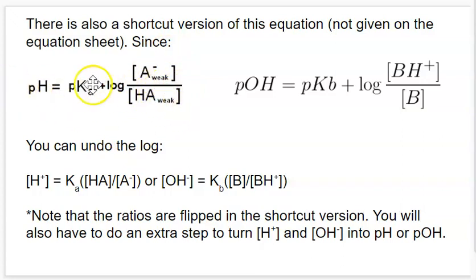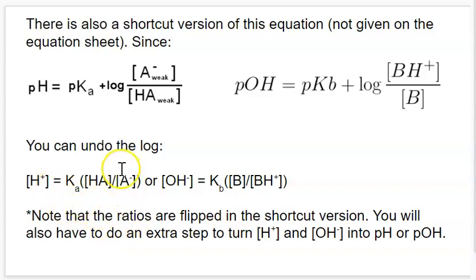If you remember that log property where the log of two things multiplied together is equal to the sum of the logs of those two things, you can apply that logic in reverse, so that instead of being plus, it's going to be multiplied. So it's going to be the unlogged Ka times the unlogged ratio of the conjugate base over the acid. But since one was a negative log and the other a positive log, that ends up flipping the ratio.